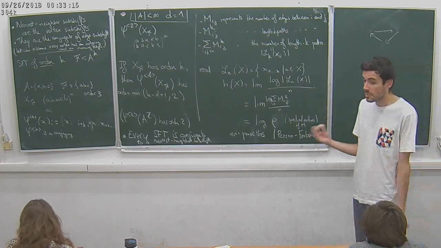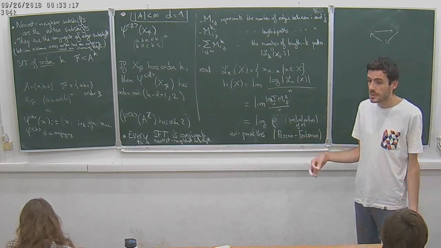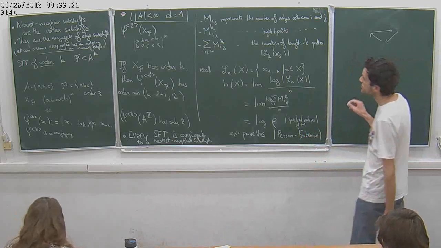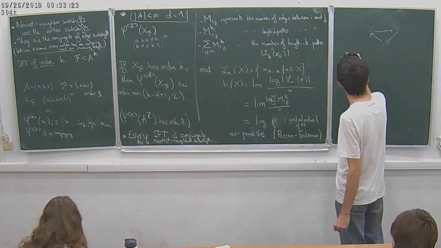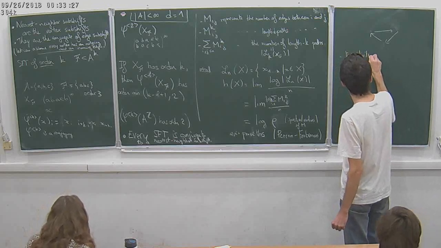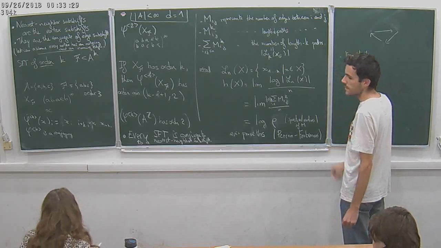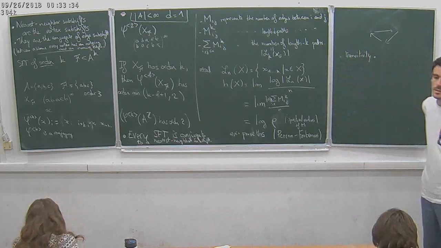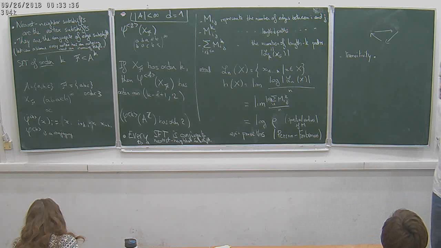Another topological property that you can read on the matrix is transitivity. Can someone recall what it means?